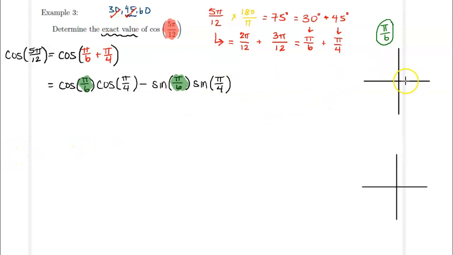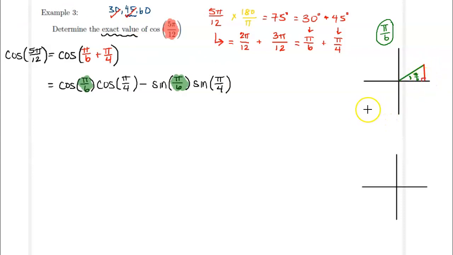So pi over 6 is going to be over here. So it's the little angle, so it looks like that. Inside here, we have pi over 6. That was step 1, is to draw it. Step 2, connect it to the x-axis to make my triangle.